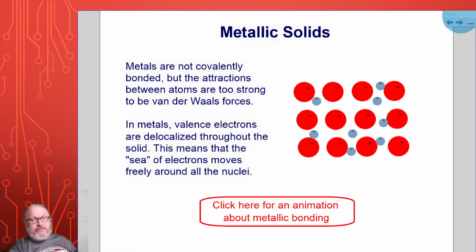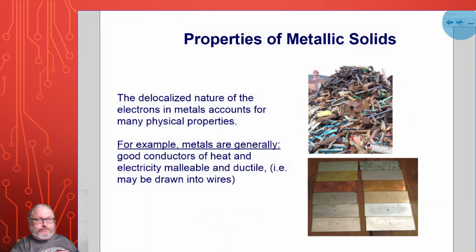And we're only talking about the valence electrons. The delocalized nature of the electrons accounts for many of their physical properties. So metals are pretty good conductors of heat and electricity because those electrons can move around the solid. They're very malleable and very ductile, which means they can be drawn into wires, or I can beat them down flat.